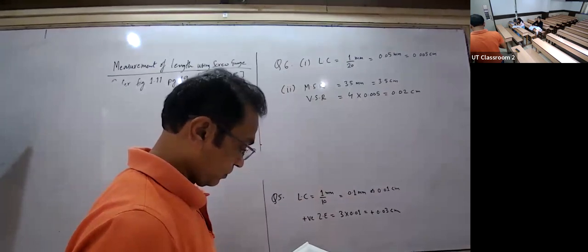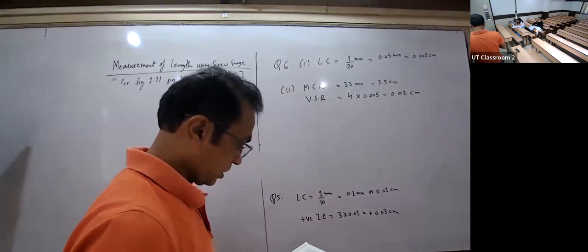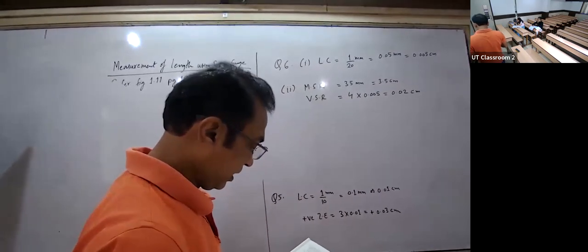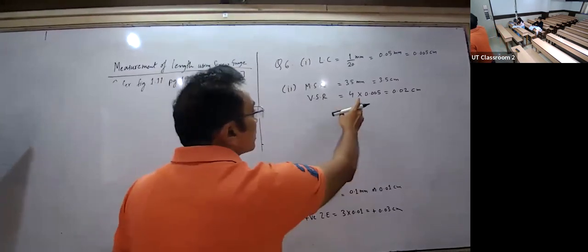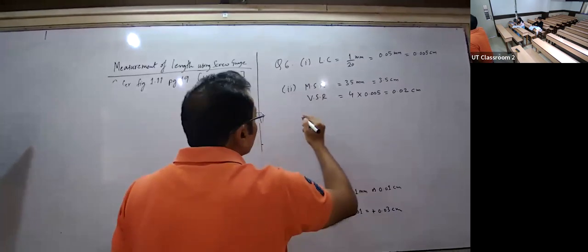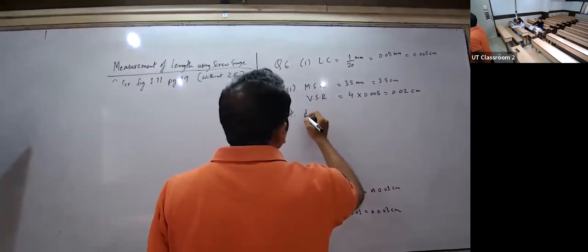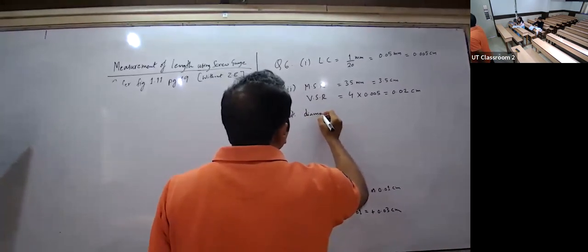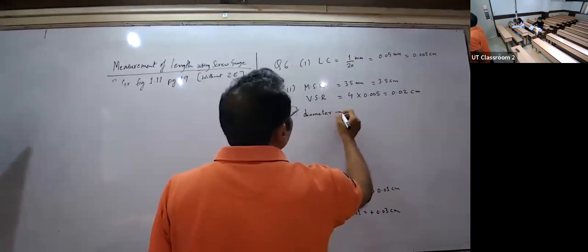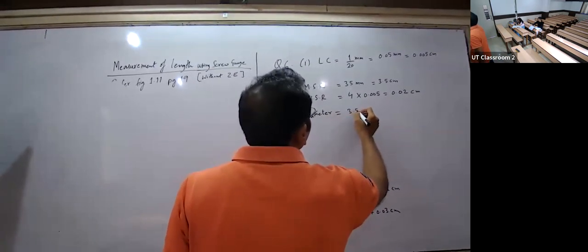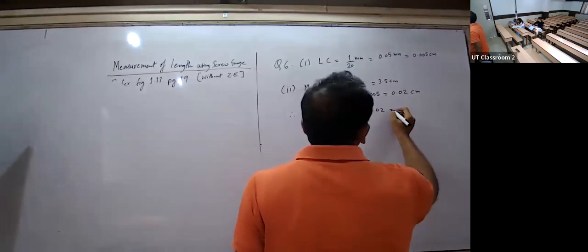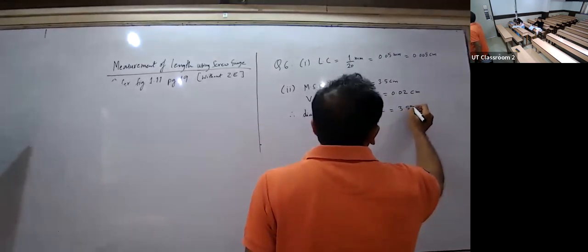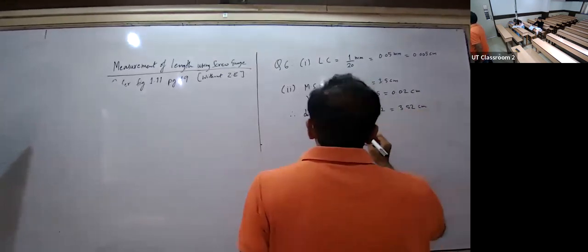So what is the radius of the cylinder? So this is the diameter, right? Therefore, diameter is equal to 3.5 plus 0.02, which is equal to 3.52 centimeters.